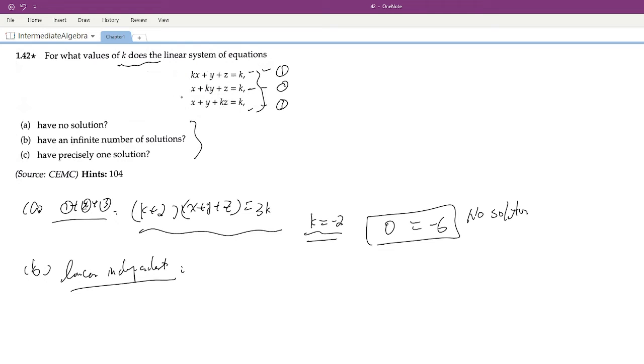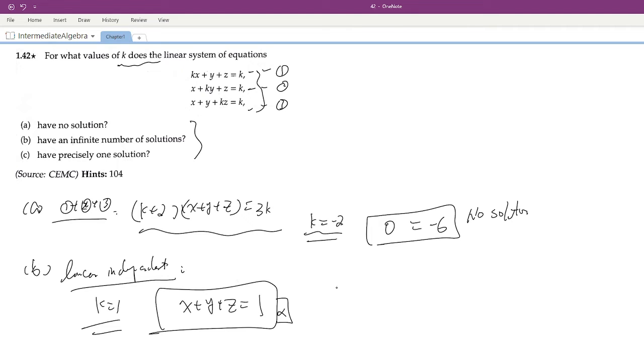But if linear dependent, let's say k equals 1, then all the equations become x plus y plus z equals 1. So in this case, you can pick anything, right? So that's why you have infinite solutions if k equals 1, right?